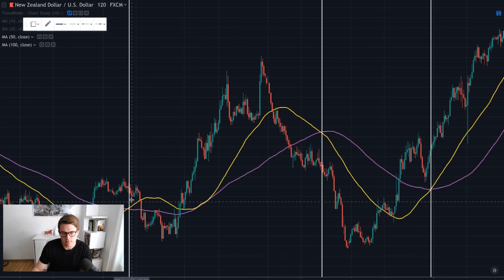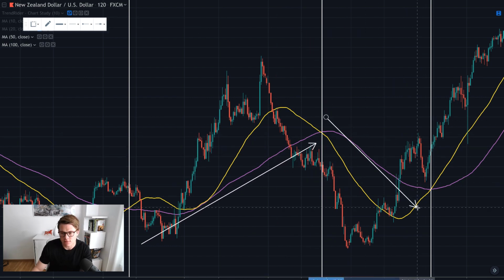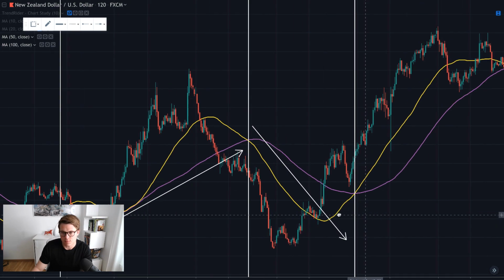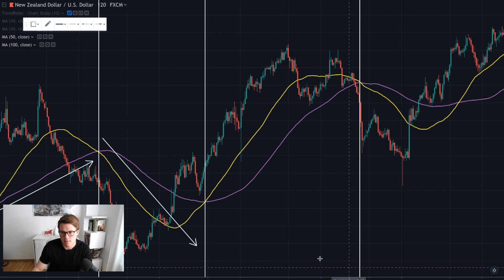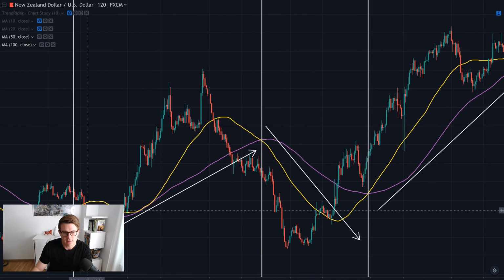So you can see, okay, here this is where the market showed an uptrend based on the moving average, here now a downtrend, and then now, let me move forward, here another uptrend. And you can see that you have very, very different signals now. It is not better or worse.